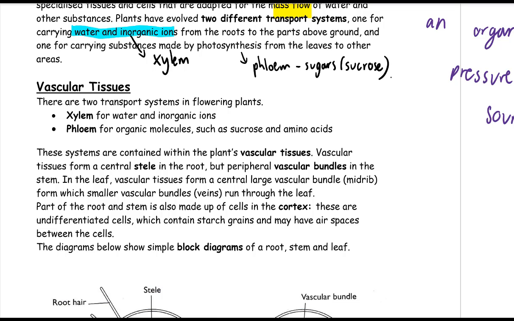Now we're going to be looking at each of these in a bit more detail, but the things that we should know about these just before we get into it: the xylem is a one-way transport system from the roots to the leaves, whereas the phloem is a two-way system. And that basically depends on whether the plant is photosynthesizing or not, and as a result of that it can move sugar in different ways.